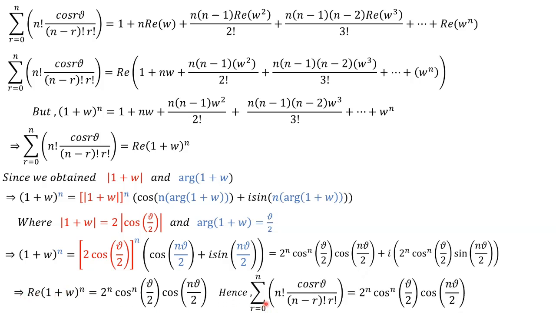Beyond which I can conclude that this required sum corresponds to 2 raised to the power n, times cos raised to the power n of theta divided by 2, times cos of n theta divided by 2, which is what was required for us to prove in the last part of the question.